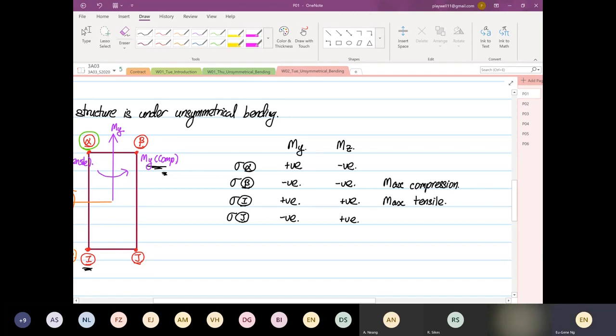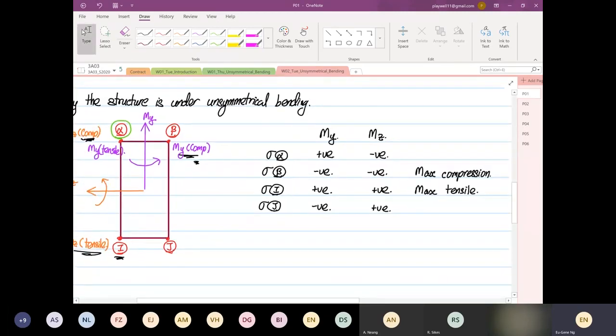And then the rest, alpha and J, they will never be the same. They will never be the same at all. Okay, so this is what we classify as unsymmetrical bending, based on stress field again.